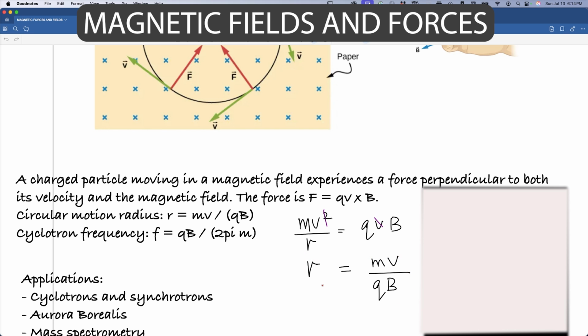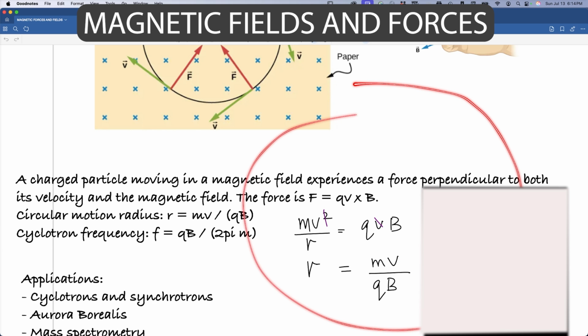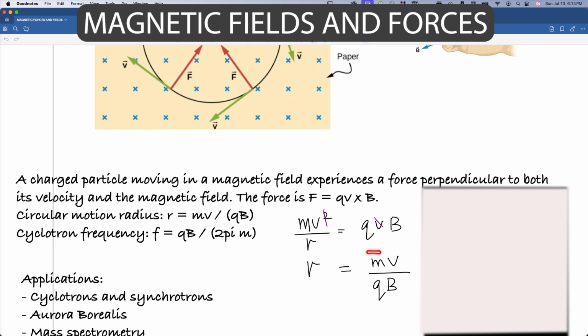It shows that the radius depends on the velocity. So if the particle is moving faster, it's compelled to go around in a bigger path, obviously. It also depends on the mass of the particle and the charge, or rather, the ratio of the mass to the charge.